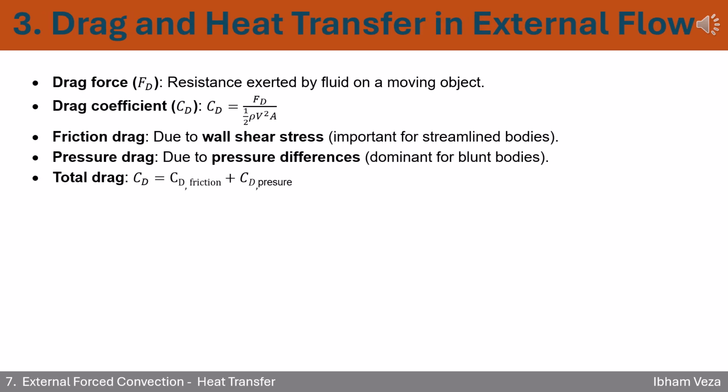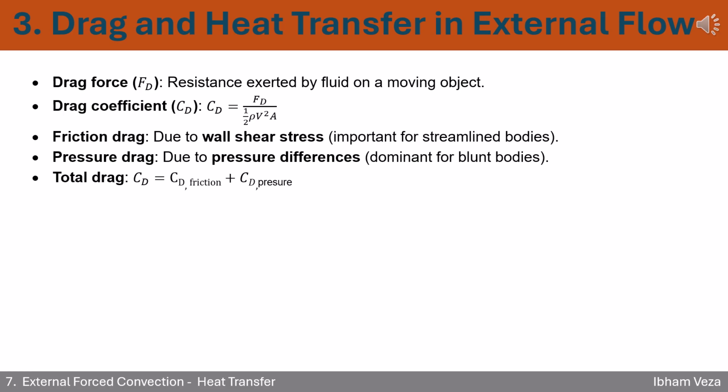3. Drag and heat transfer in external flow. Let's talk about drag and heat transfer in external flow. Whenever an object moves through a fluid, or a fluid moves past an object, it experiences drag or resistance. That's called drag force, and it's the reason your car uses more fuel at high speeds.